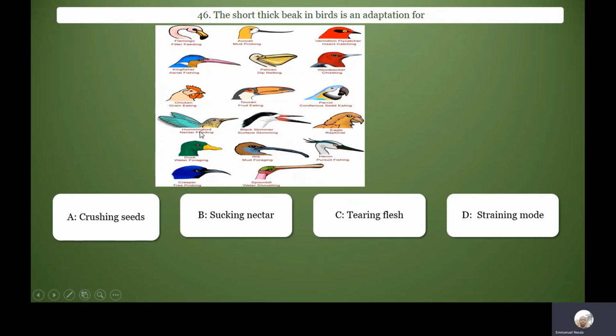The ones that tear flesh have their curved beak, like that of the eagle and kite. They are carnivorous. They use that for tearing flesh.